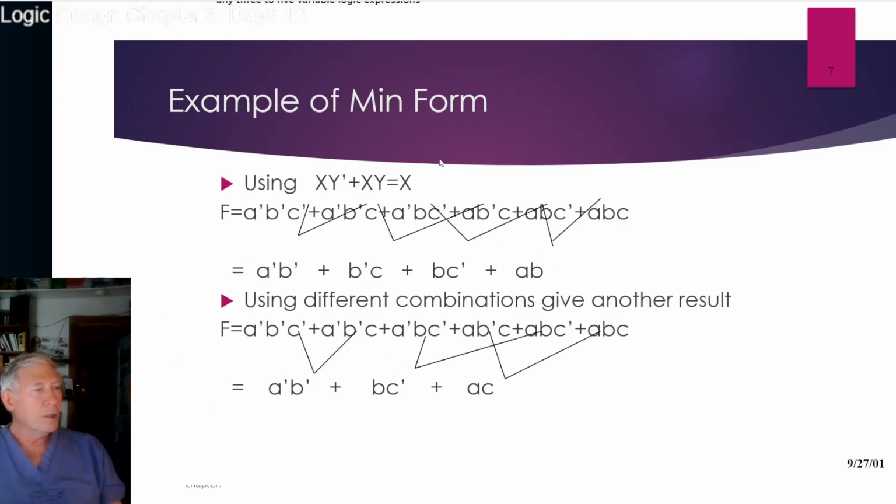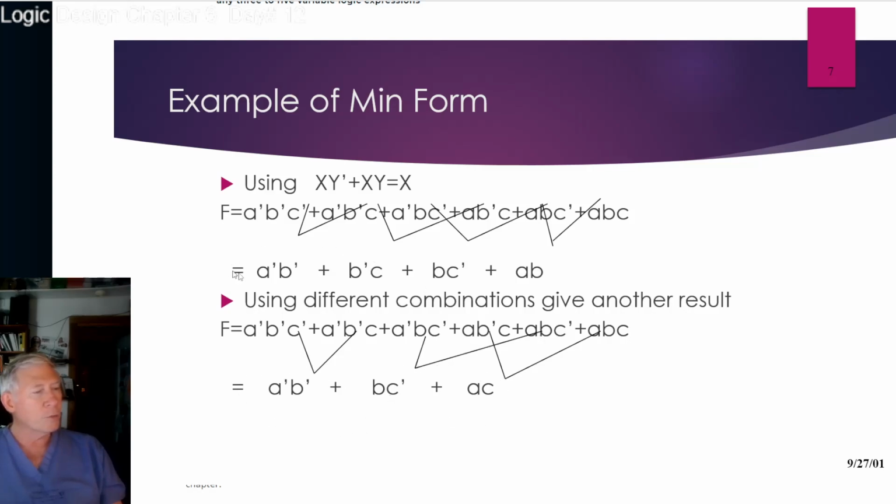So when we use switching algebra to simplify an expression, we have a little problem. Notice I have this expression up here, and I copied it down here, same expression. Here I combine these 2 terms, these 2 terms, these 2 terms, and these 2, and I get these 4 2-variable terms, which looks like a nice reduction from this one. But it turns out I could have done it this way, and I would have gotten 3 2-variable terms.